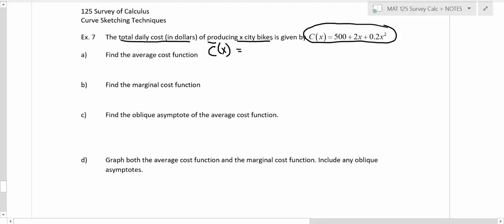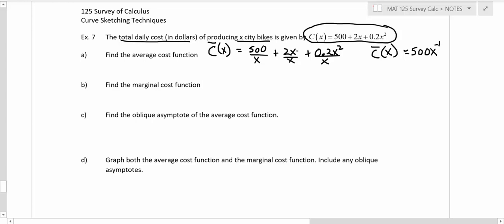So when you do an average cost, if you want to save yourself a step, you can just go ahead and divide each part by x. That's what I do. Okay, so we get that. So when we do that, the answer is going to be c bar of x, and since we're going to do a derivative in the next step, I'm going to have you write that as 500x to the negative 1.